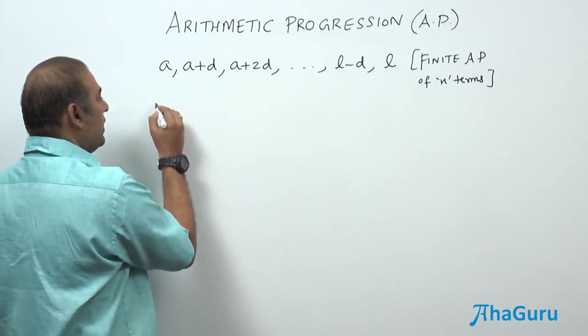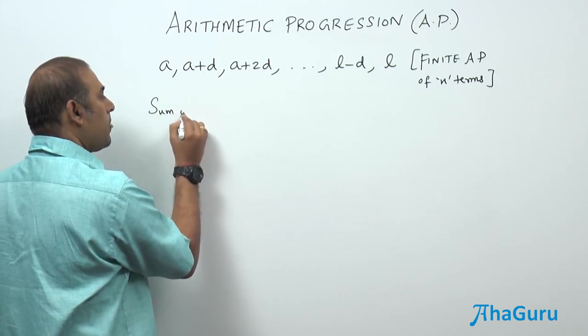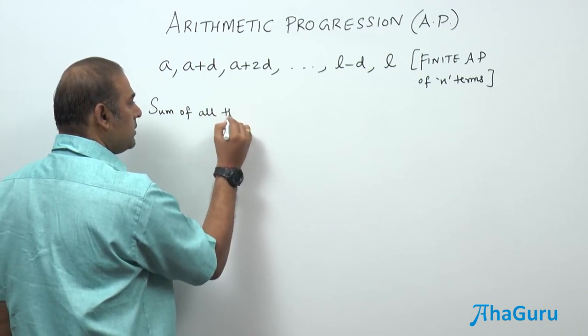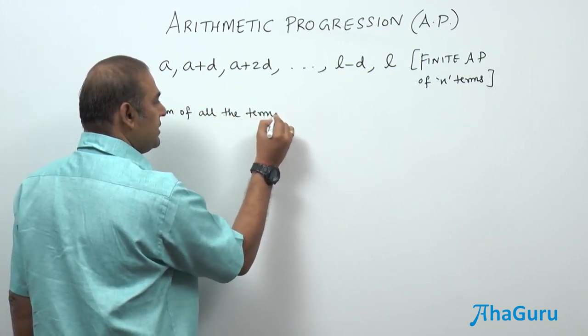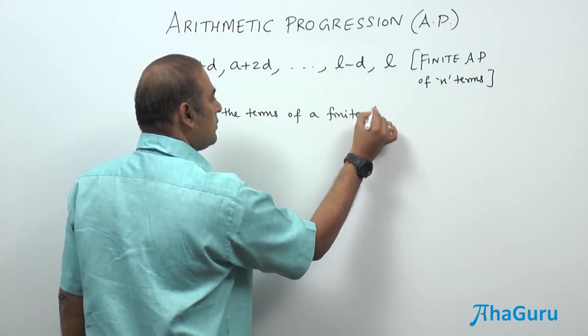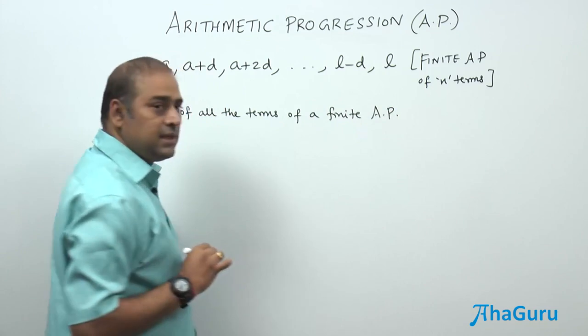But we are now going to concentrate on this AP. We want to find the sum of, in fact, all the terms of a finite AP, from the first till the last.